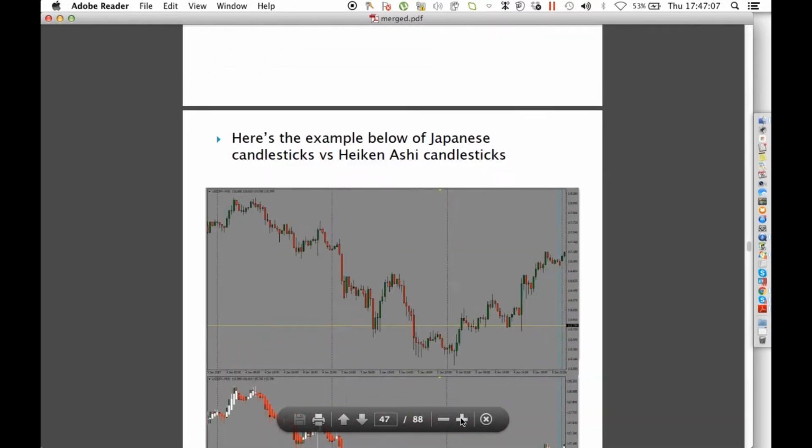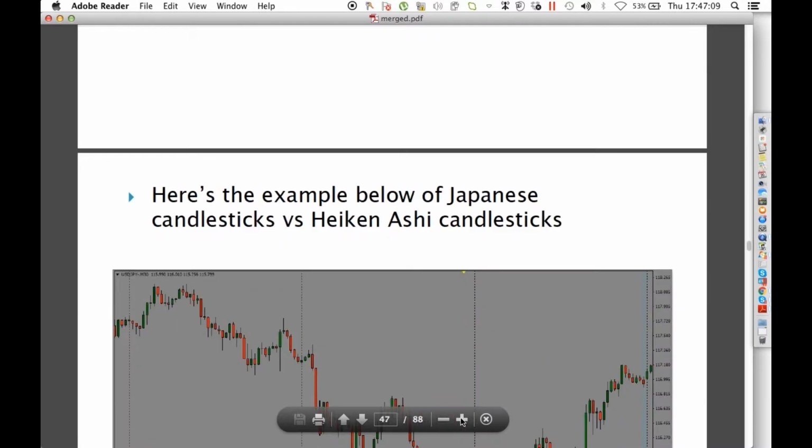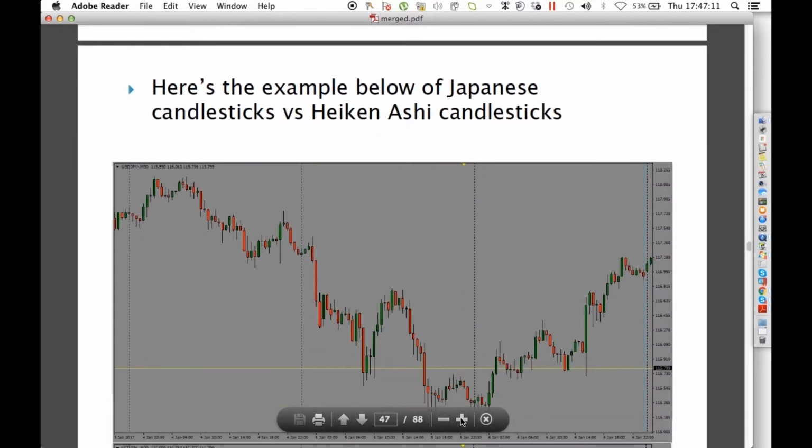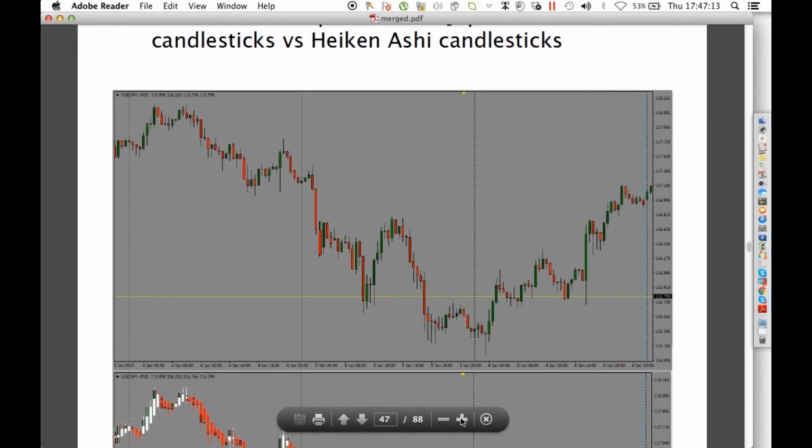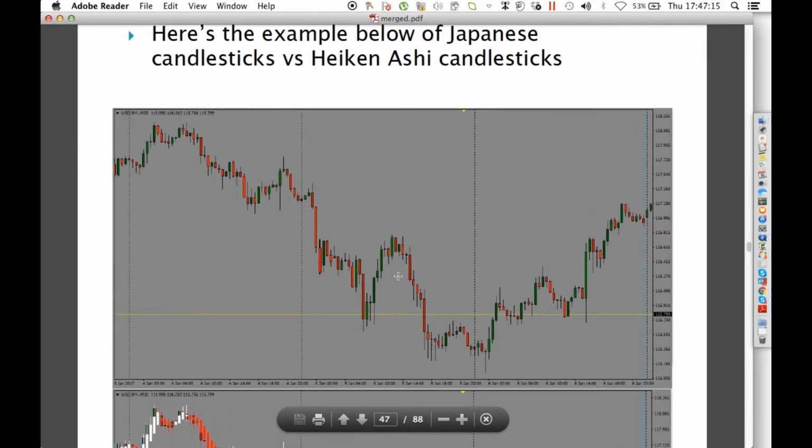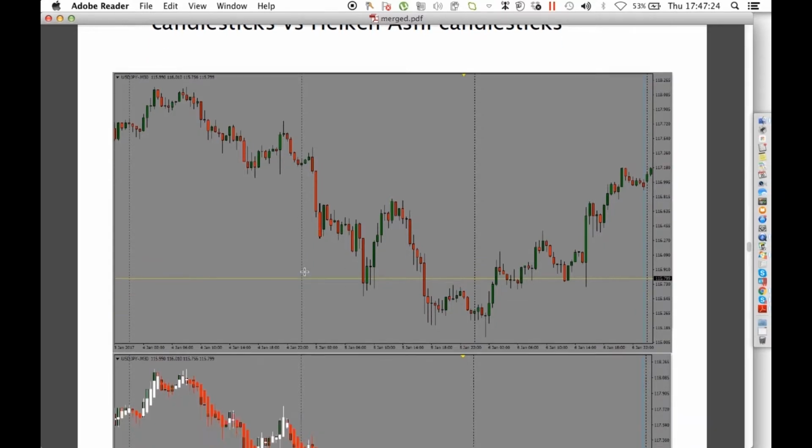So I'd just like to zoom in here a bit to look at the example of the Heikin Ashi candlesticks. Above here are the normal candlesticks that we always see, and they're just bull, bear.